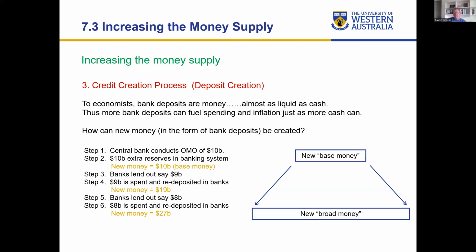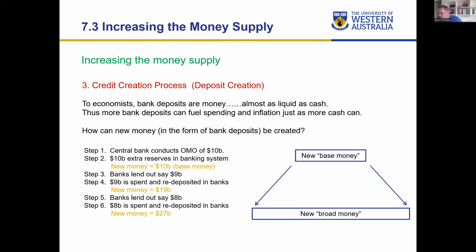And so we've now got $27 billion of potential money sitting in bank accounts that can be spent. And if we continue this process on, it would be much more than 27 billion.